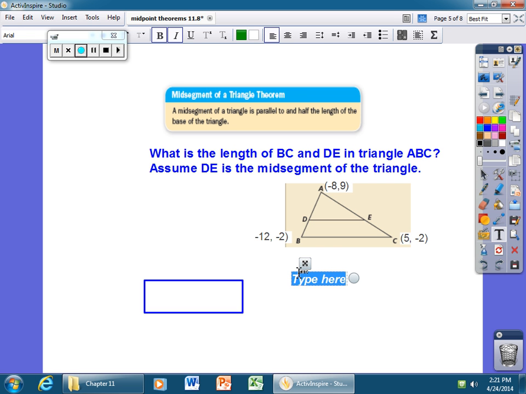Well, the distance between -12 and 5 is 17. So I know that BC is 17. Because of this midsegment formula, if BC is 17, then DE is 8.5. Now this works on a triangle. Remember that on the trapezoid we average the two bases, but on a triangle we can just take half the base.